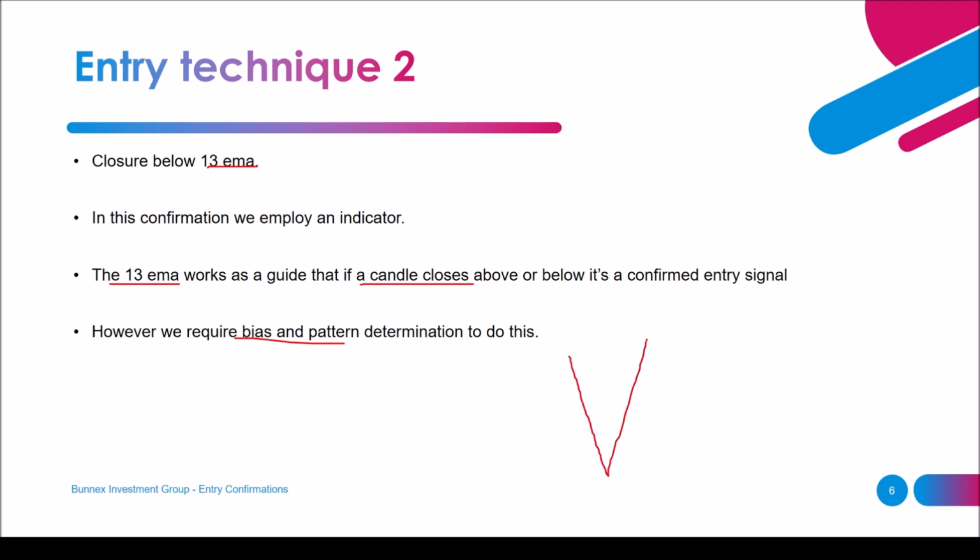So in this case, we can see the same example whereby we have the first leg probably giving us our reference point or our point of market interest, then the market coming to tap that same zone, but we are not looking for candlestick rejection, but we are only waiting to see the market give us a candlestick closure above the 13 EMA.